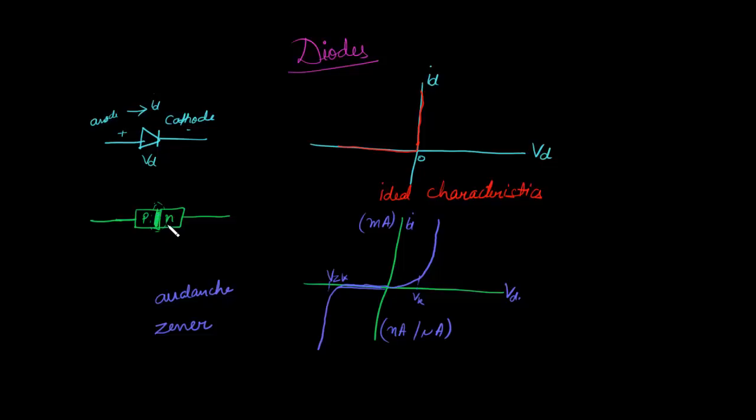They dislodge electrons and holes, which further participate in this process, and an avalanche of electrons and holes is created, which increases the current across this diode. This value can be made lower by increasing the doping in the P and N regions of the junction. So this VZ can be brought more towards this side.